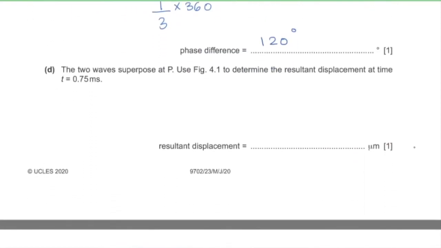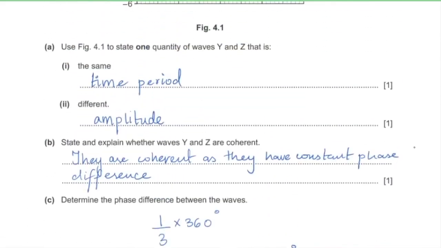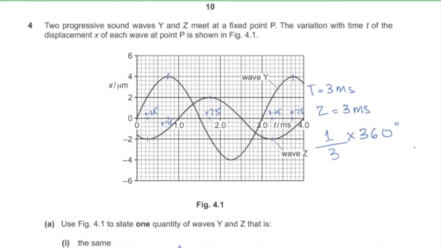Part D, the two waves superpose at P. Use figure 4.1 to determine the resultant displacement at time t equals 0.75 milliseconds. So at time t equals 0.75 milliseconds, the displacement of wave y is 4 micrometers, and that of wave z is negative 1 micrometer.